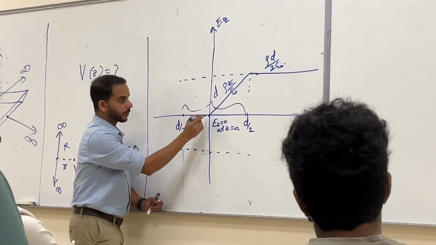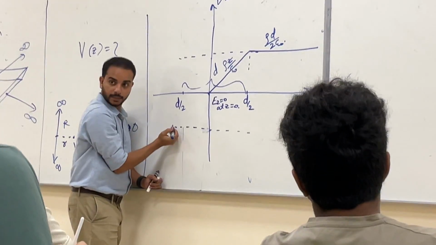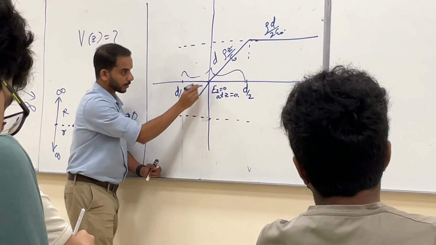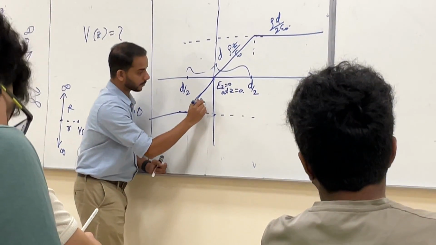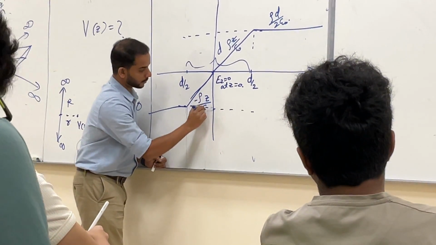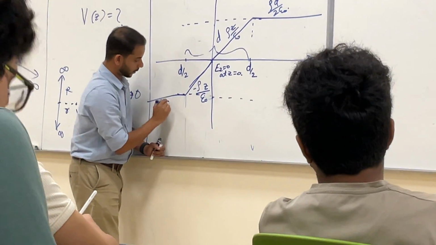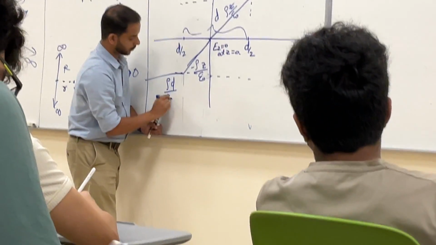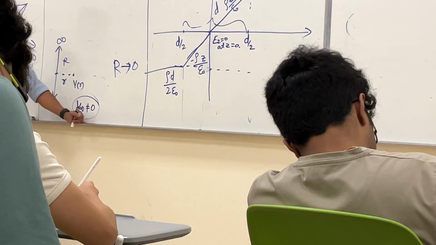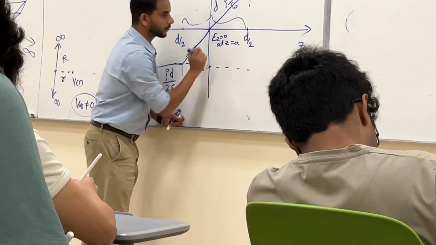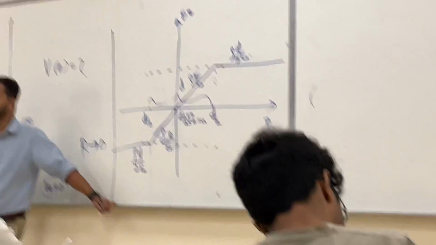You similarly have the charges on this side, so the electric field will be going this way and this way: minus rho Z over epsilon 0, and this one is rho D over 2 epsilon 0. Is it clear? So where should we take the potential 0 in this kind of problem?